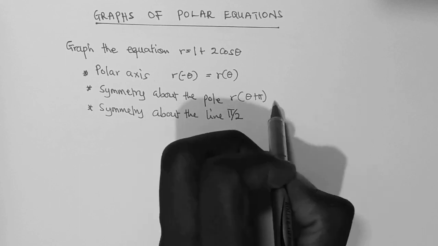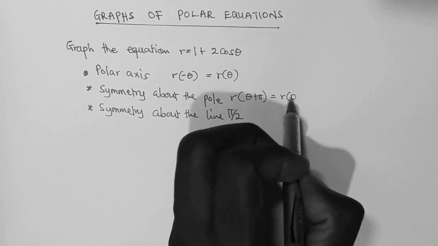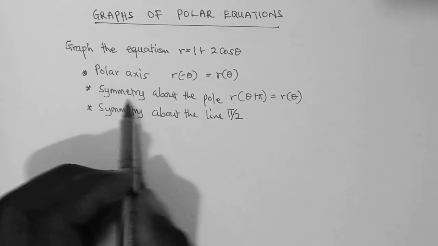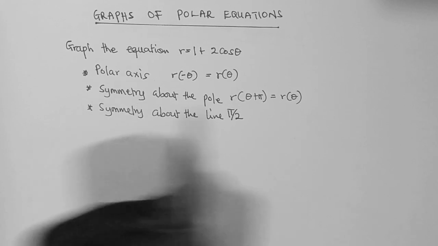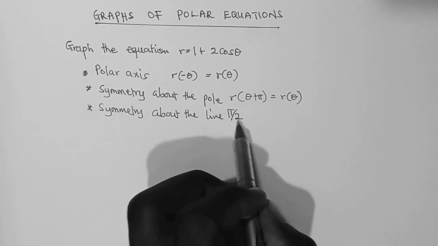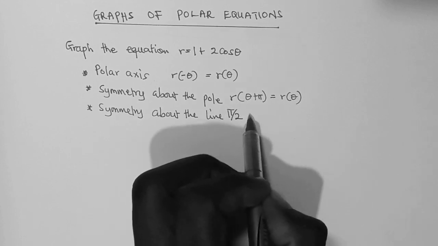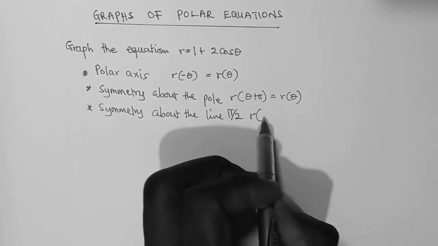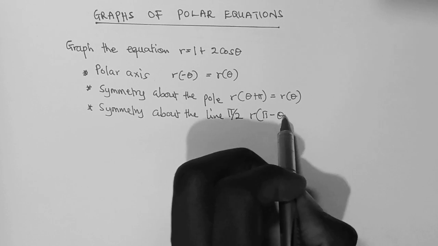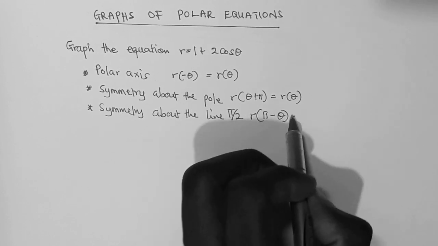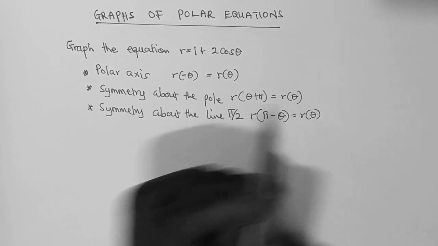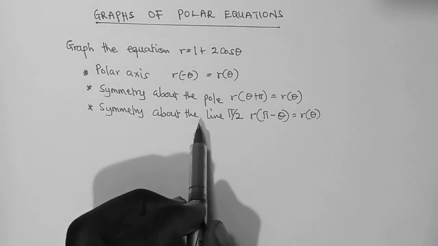If r of theta plus pi is equal to r of theta, then the graph is symmetric about the pole. Then to look for symmetry about the line pi over 2, we look for r of pi minus theta. If r of pi minus theta is equal to r of theta, then the equation is symmetric about the line pi over 2.